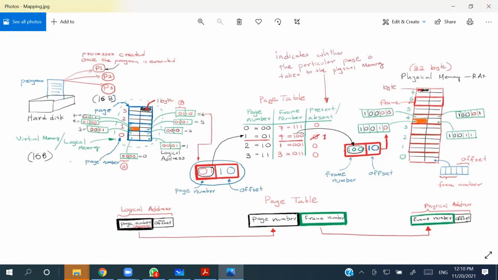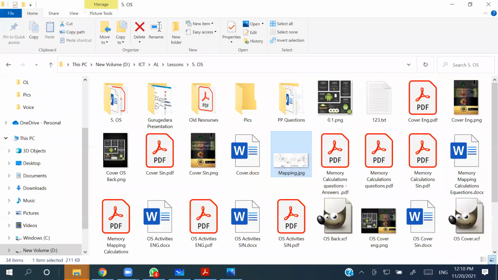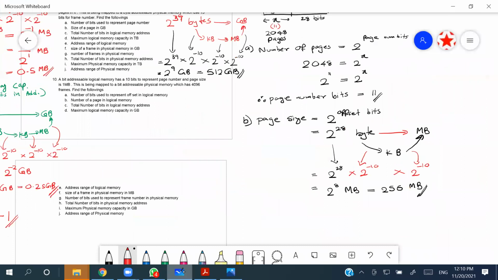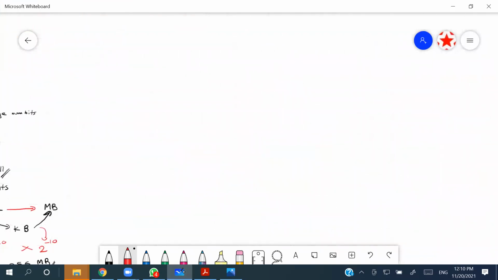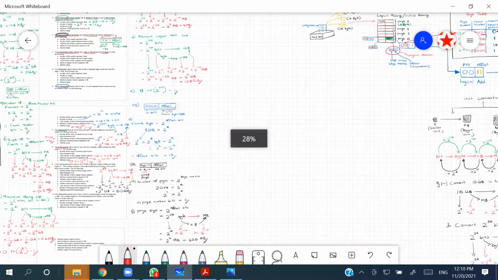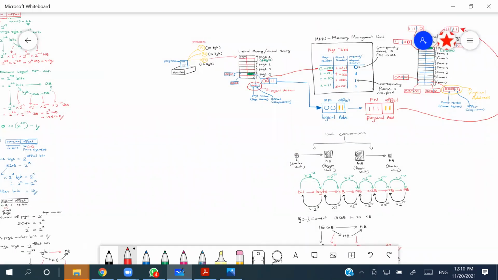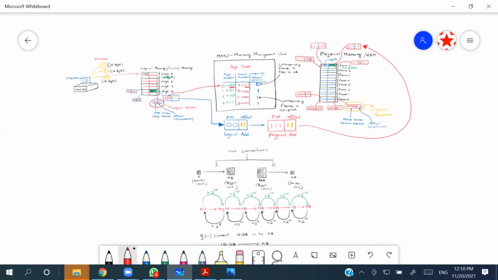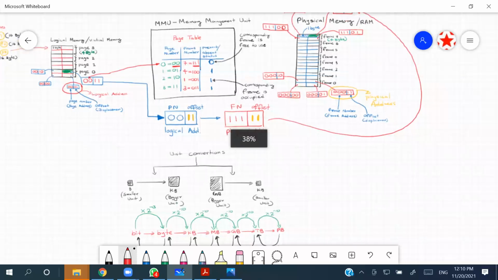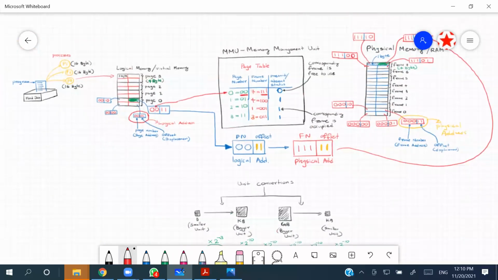So now in the calculation, we are doing this mapping.